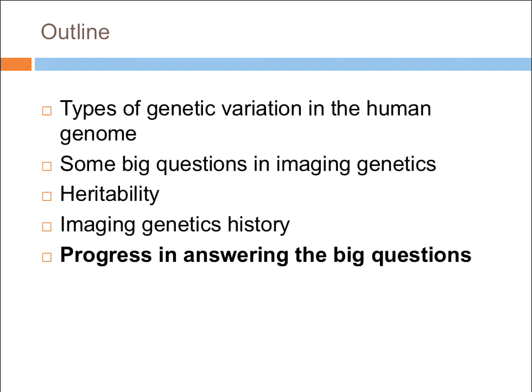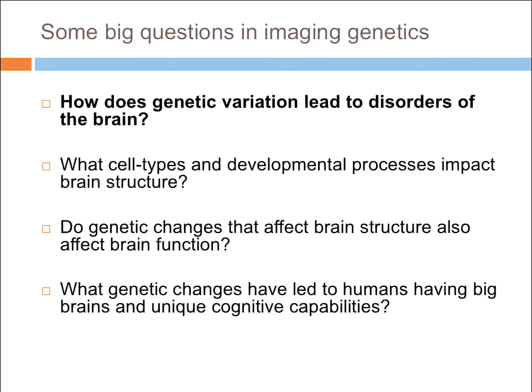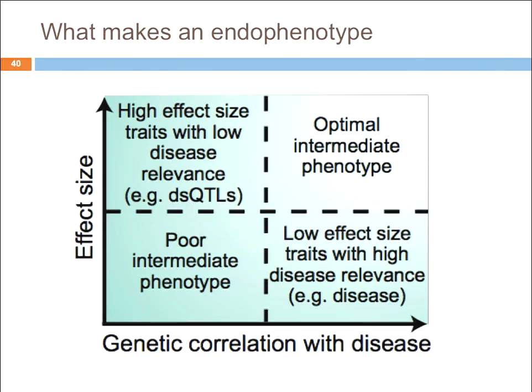So now, getting to what is the progress in answering some of these big questions that I went over before. First question: how does genetic variation lead to disorders of the brain? This is often thought of as what's called the endophenotype concept. The endophenotype can be prioritized along two axes. Axis one is genetic correlation with the disease.